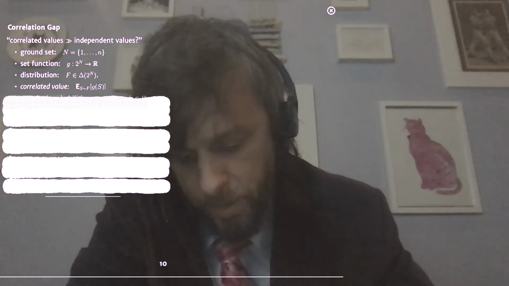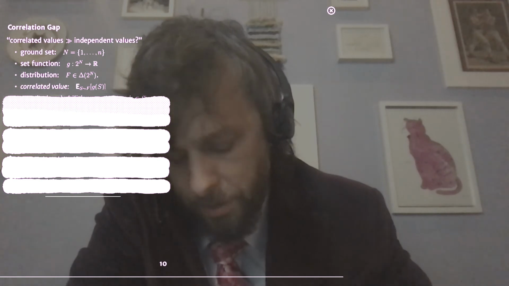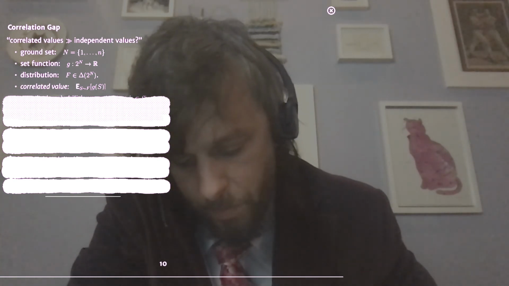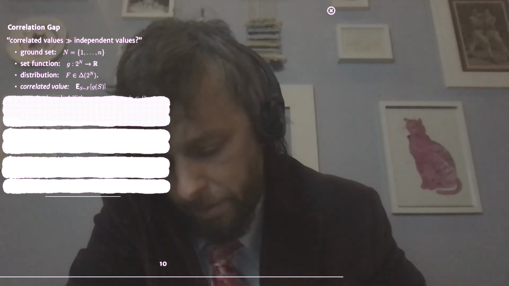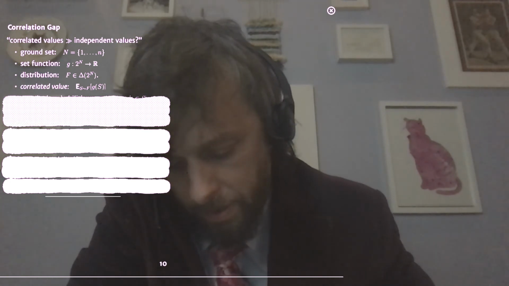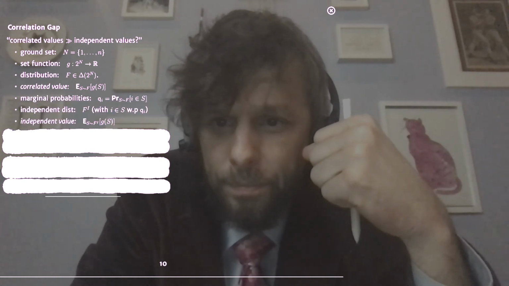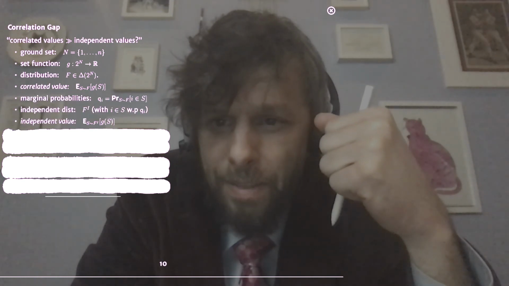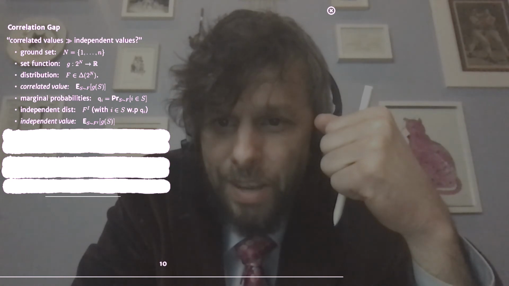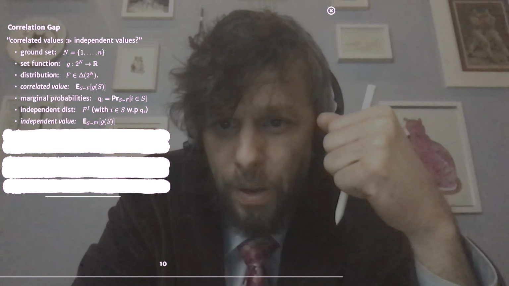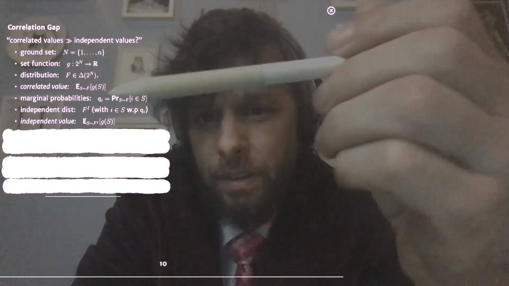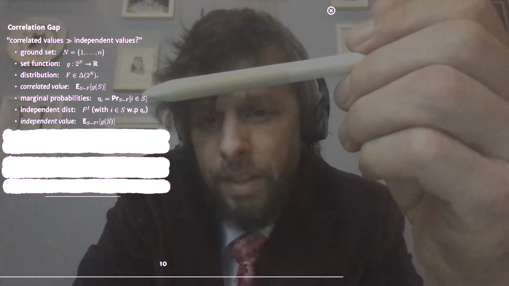Okay, great. The next thing we're going to do is ask what happens if we look at the independent version of the distribution f. Let's define the marginal probability that any agent i is in the set S as q_i. So it's the probability that we draw a set S from f and that i is in that set.